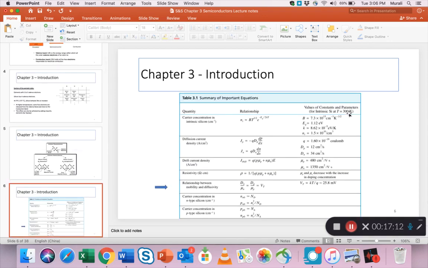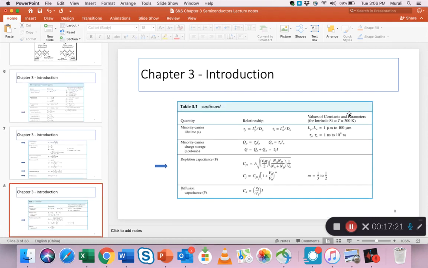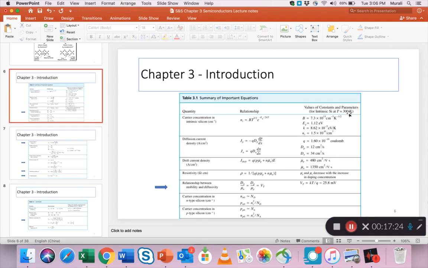Okay, one other important thing that I wanted to mention right in the beginning. Again, this table is actually 3 slides, slide 6, 7 and 8. It's one table in our textbook, and I just chopped it into 3 pieces to show them here. But the point I wanted to make here is this chapter is likely to be a bit complex.